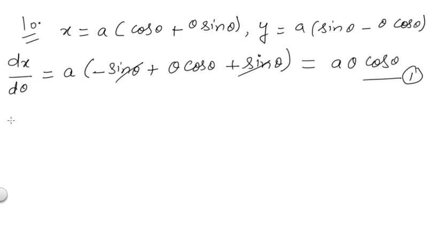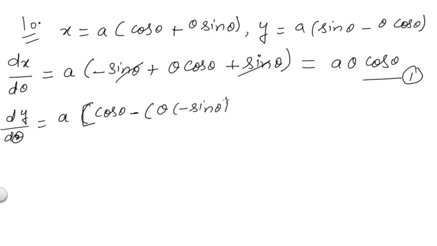In the second one, we'll now differentiate y with respect to theta. We get a as it is. Differentiation of sin theta is cos theta minus, inside the bracket, theta as it is, cos theta differentiation will be minus sin theta, plus cos theta as it is, differentiation of theta is 1.